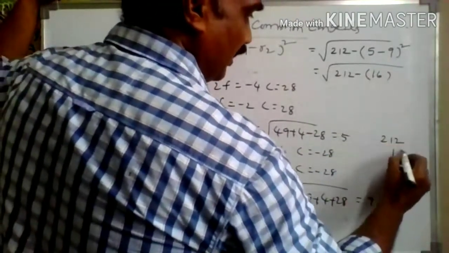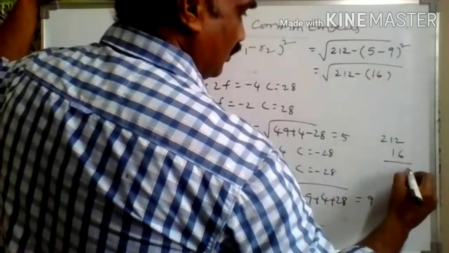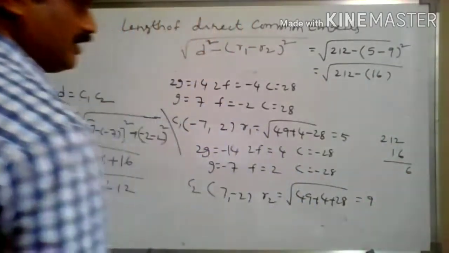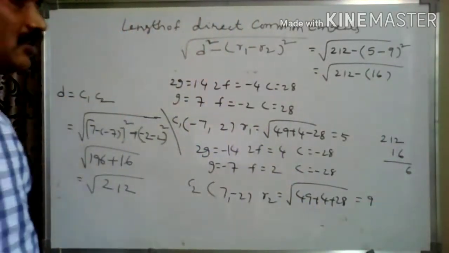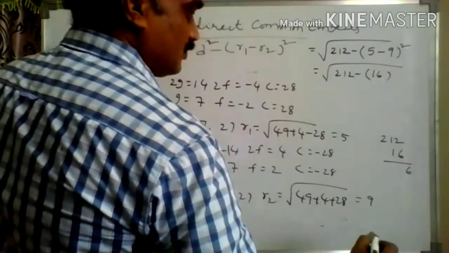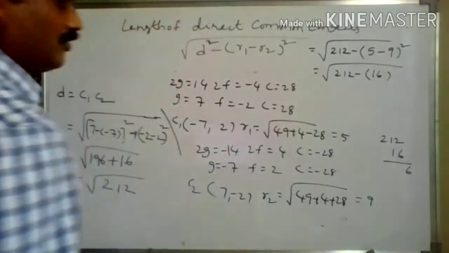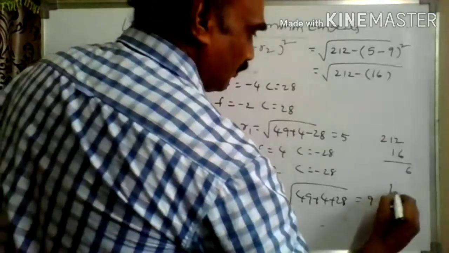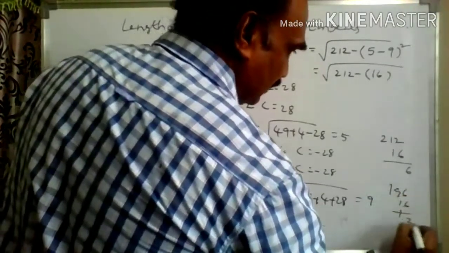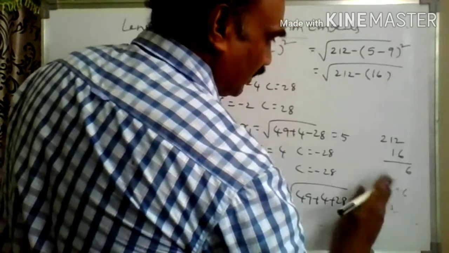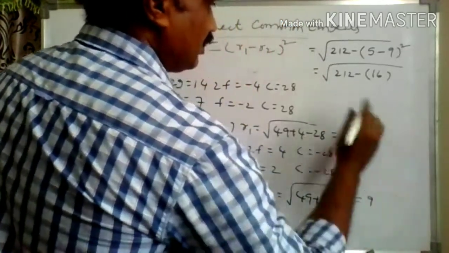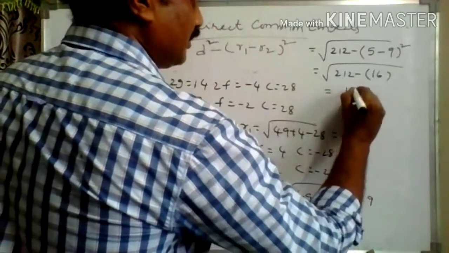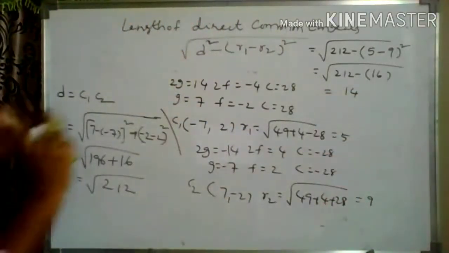So 212 minus 16. Okay, students, 212 minus 16 is equal to 196. Root 196 is equal to 14.